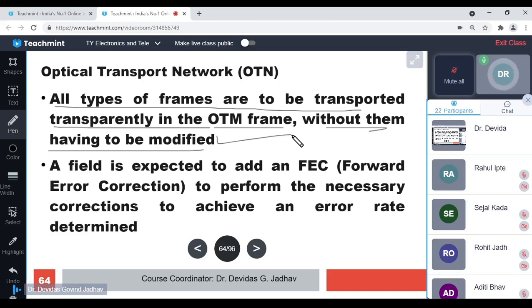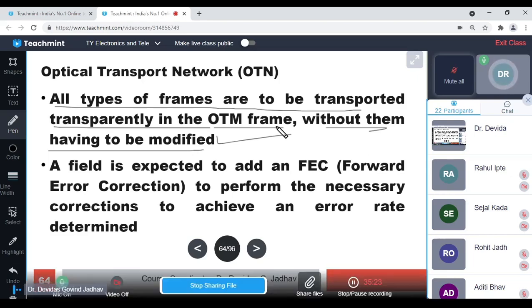In that OTM frame all types of frames can be kept or encapsulated, coded, and transparently transferred. So this transparency is there, that the system will not bother about which type of frame it is carrying. Okay, so it can combine all types of frames, all types of data frames, protocols.